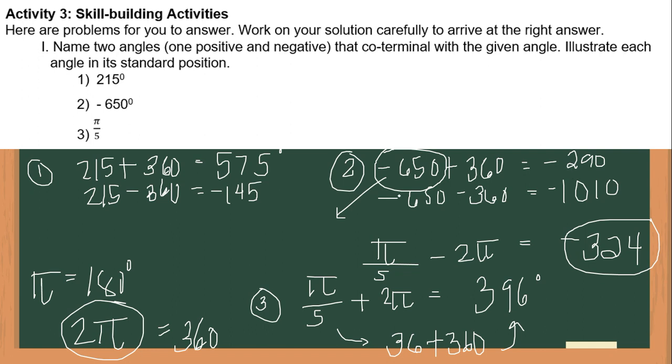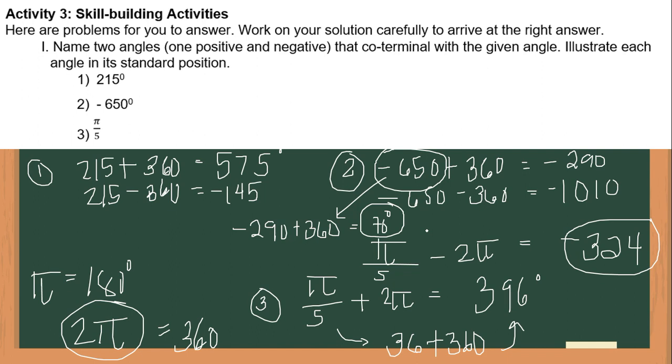So what is the final answer? Negative 290 is acceptable as a coterminal angle. The positive one is 70, because negative 290 plus 360 gives 70. That is the positive coterminal angle.